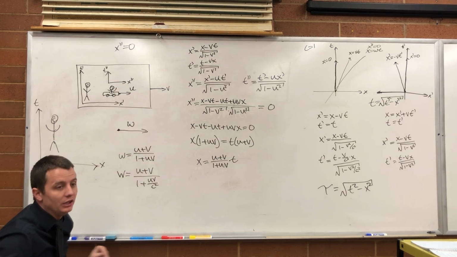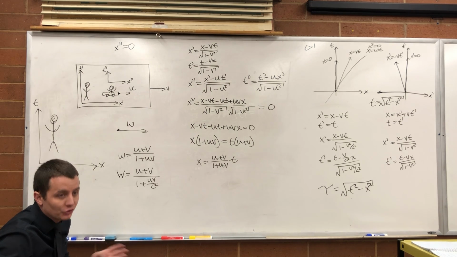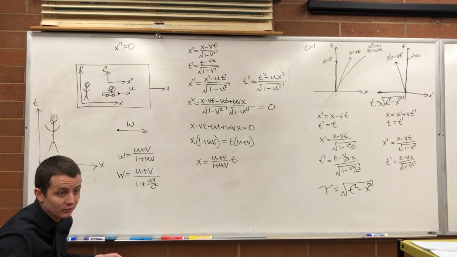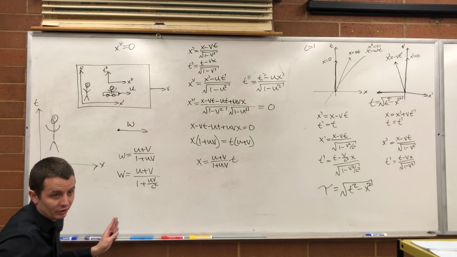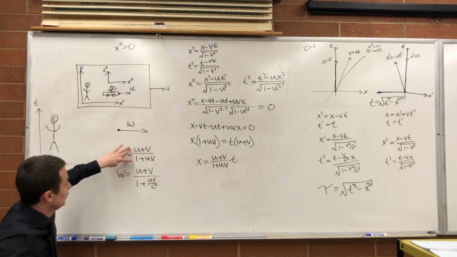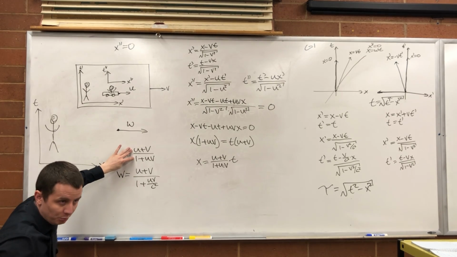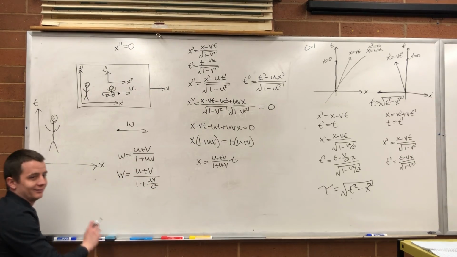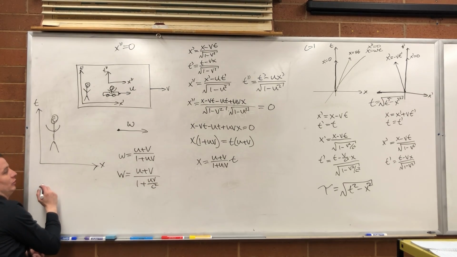So let's let u and v both be 3 million meters per second. Huge speeds, right? Or in other words, 1% the speed of light. Rather than using this, I'm just going to write everything in terms of units of the speed of light, and just use 0.01 rather than 3 million.